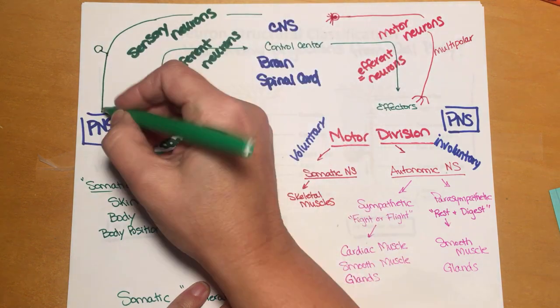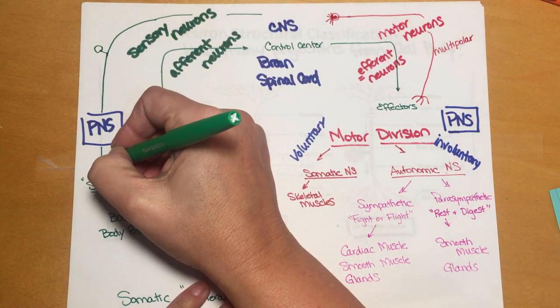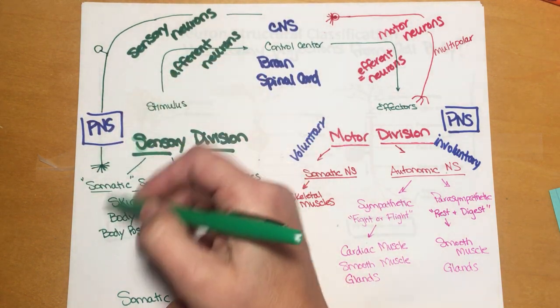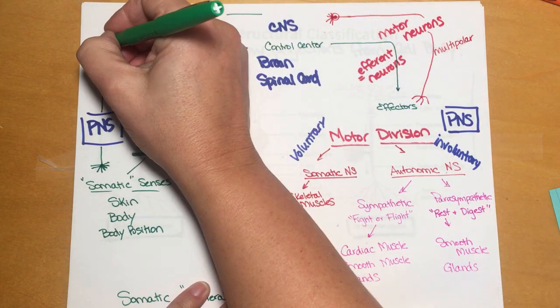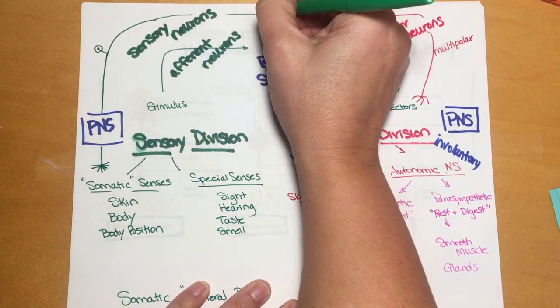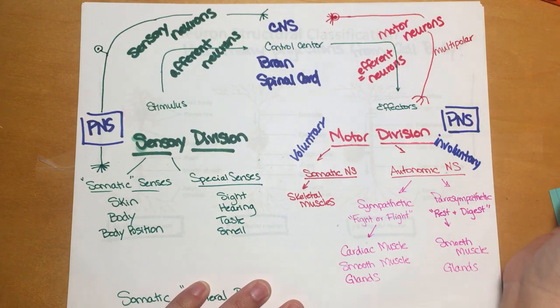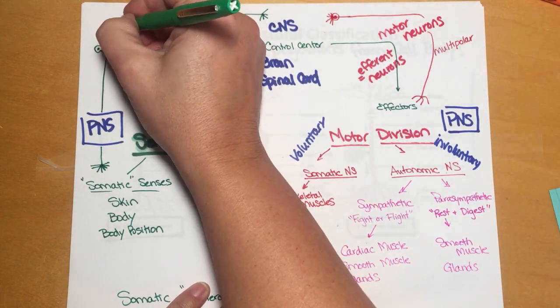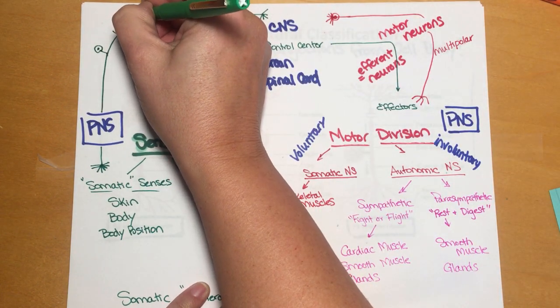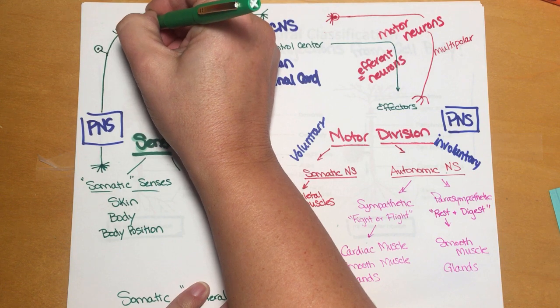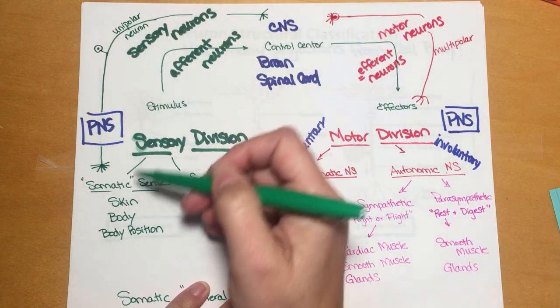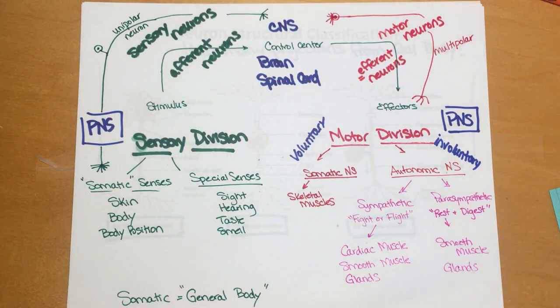And that neuron is going to take information in on the dendrites from the general body, going to bring it in and give it to the CNS. So that's a unipolar neuron that's going to carry sensory information from the somatic senses.